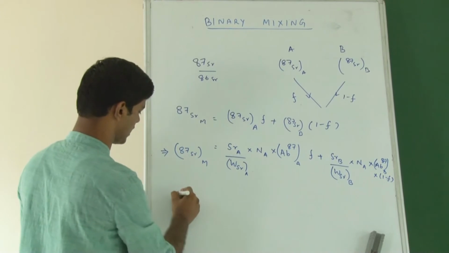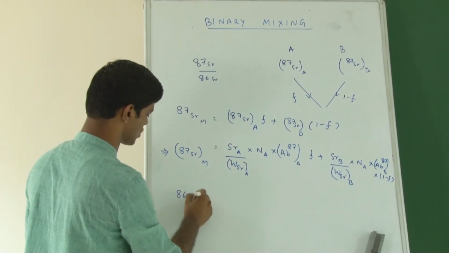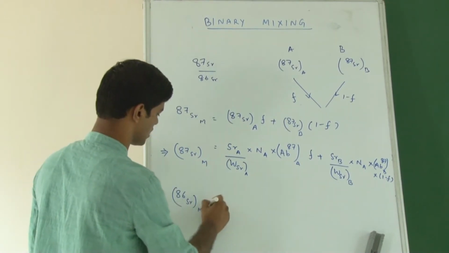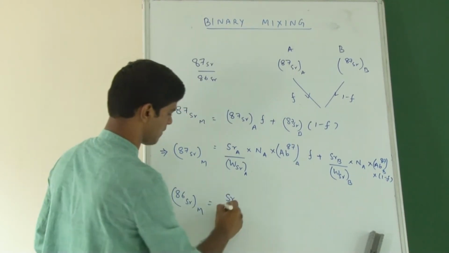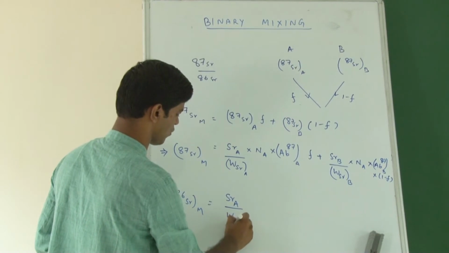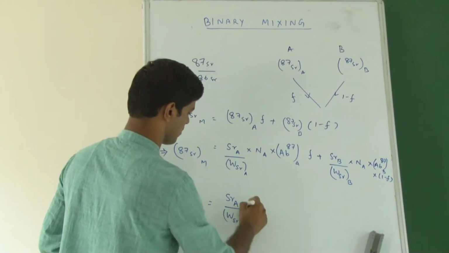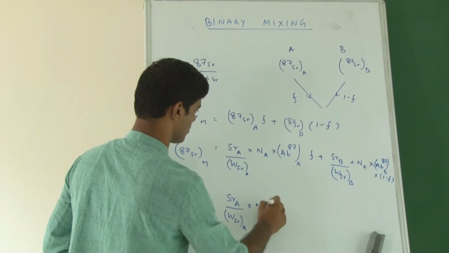Let us say I want to write the same equation for 86 strontium for the mixture, that will be exactly similar. Strontium A multiplied by atomic weight of strontium in A multiplied by Avogadro's number.